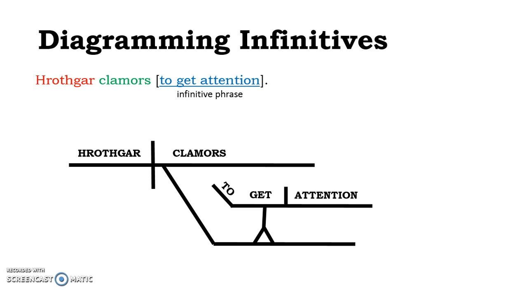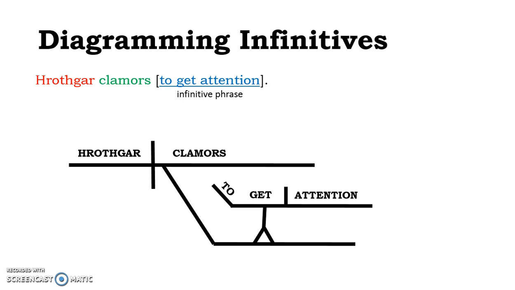That means that it's functioning here as a modification of clamors. Why did Hrothgar clamor? He clamored to get attention. I put this on a descending diagonal line, horizontal line, put my pedestal there. To get what? Attention is the complement here.